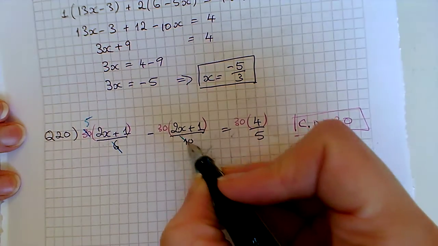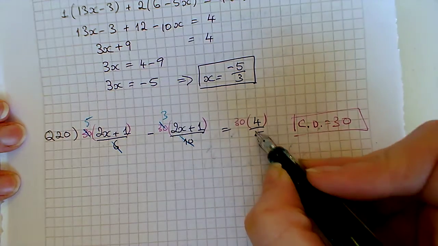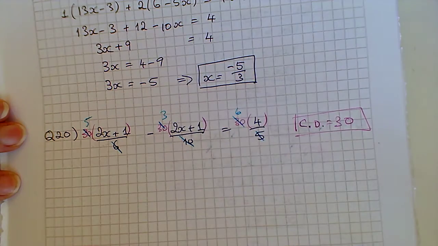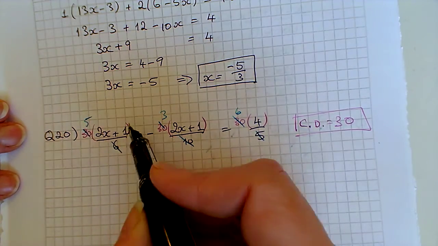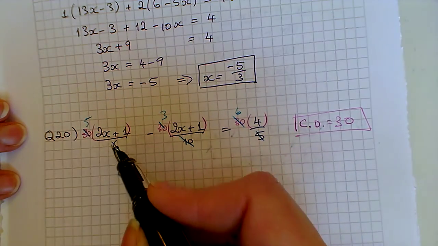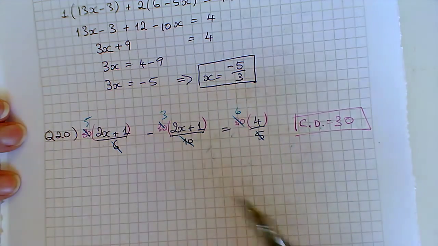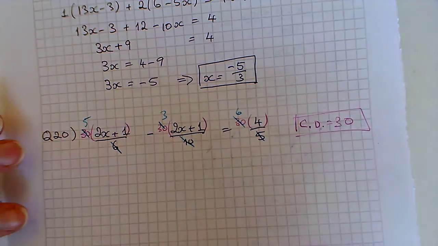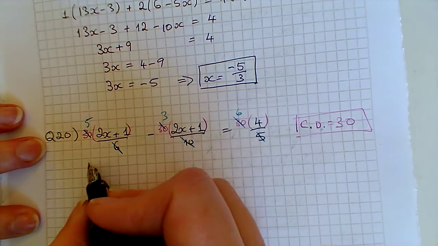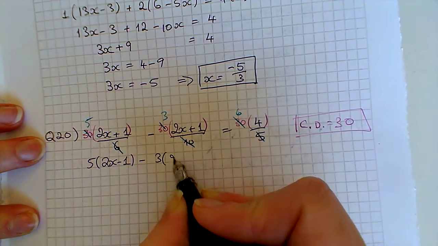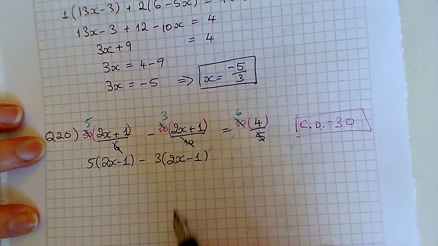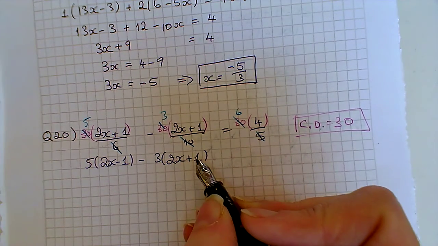6 goes into 30 5 times, 10 goes into 30 3 times, 5 goes into 30 6 times. What I do skip is I usually multiply out here and I'd straight away write down 10x plus 5. But you're learning it for the first time, so write down all the steps. We've got 5 bracket 2x plus 1 minus 3 bracket 2x plus 1, I apologise.